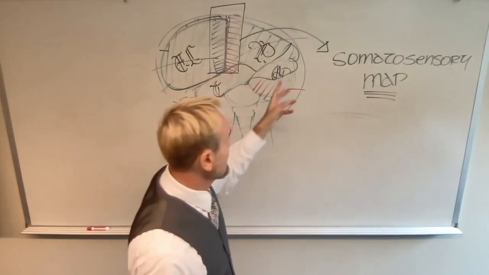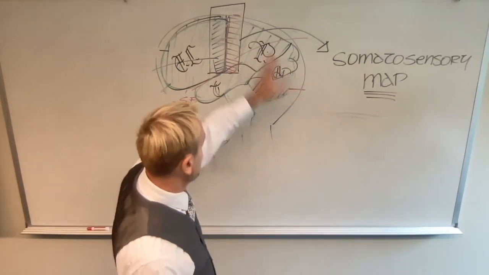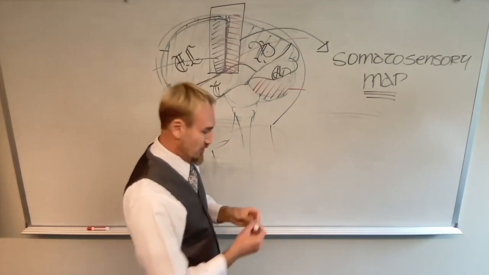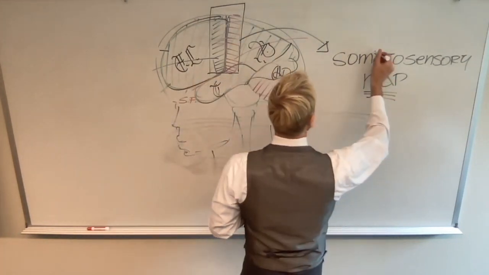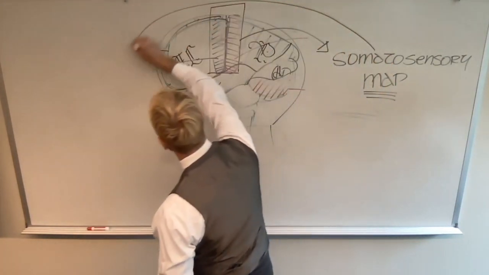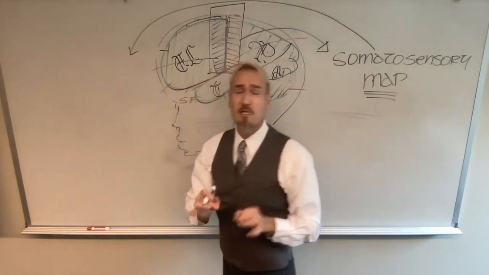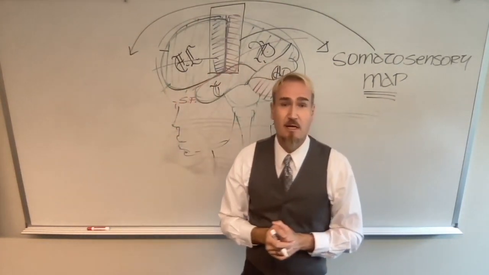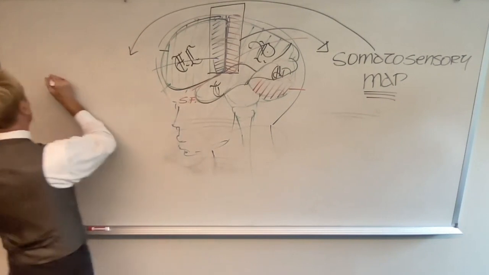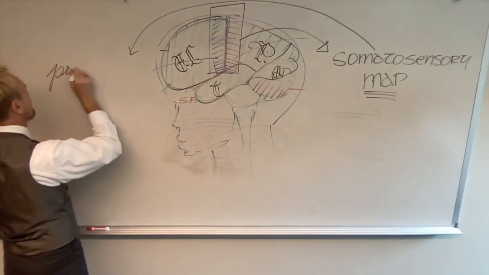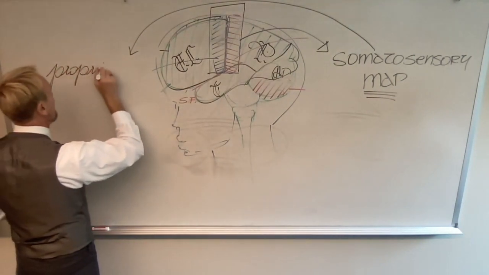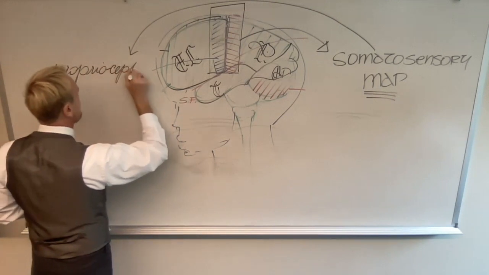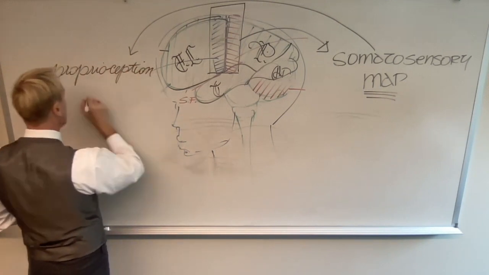The somatosensory map, somatosensory cortex here and motor cortex here also give rise to what we call, and this is a term that I really would like you all to remember, proprioception. Proprioception, okay? Not perception, okay?